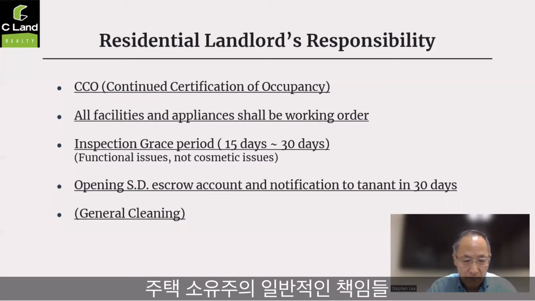Now, the next one is really important, and that's today's main topic: opening the security deposit escrow account, sometimes we call it the escrow account, and notification to the tenant in 30 days. A lot of landlords, a lot of tenants, and real estate professionals do not know about this.